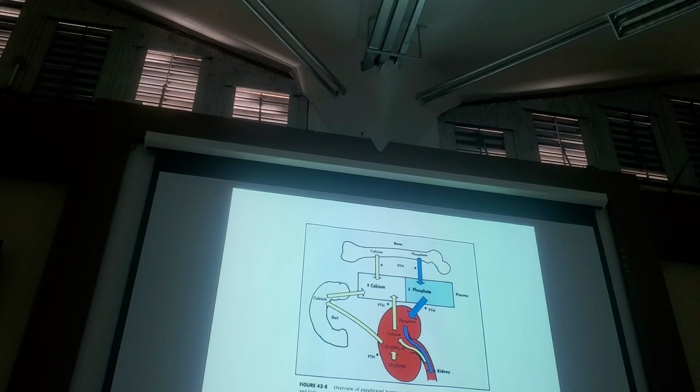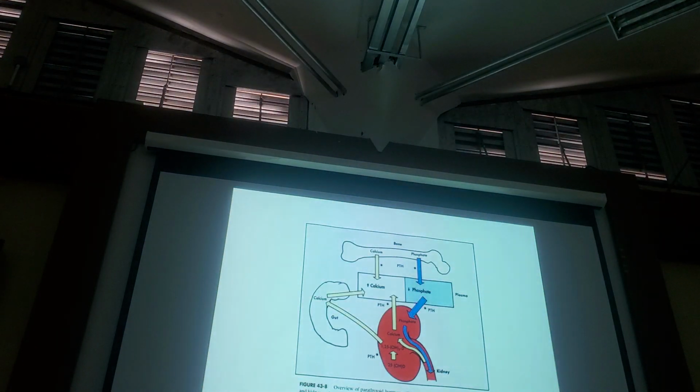But the body now has a homeostatic mechanism to return the homeostasis to that inverse relationship. So the parathyroid hormone increases both calcium and phosphate moved from the bone. And then the kidney is going to cause increased excretion of the phosphate.